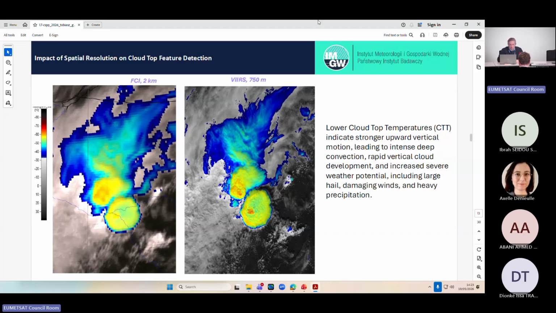In this picture, we can see this red spot in the middle of this cloud system. So at this point, cloud top temperature is very low, so it's very strong convection.